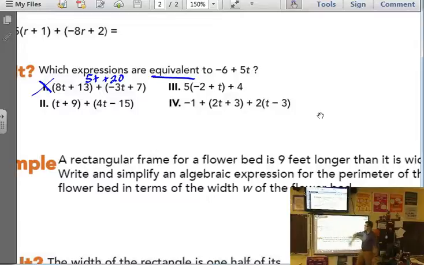Because they want expressions equivalent. We want to find the same. So with my second one here, might as well move on to 2. So step down. Hayden, what do I get when I have a t and 4 more t? Yeah, we get 5t. And then a 9 plus a negative 15.